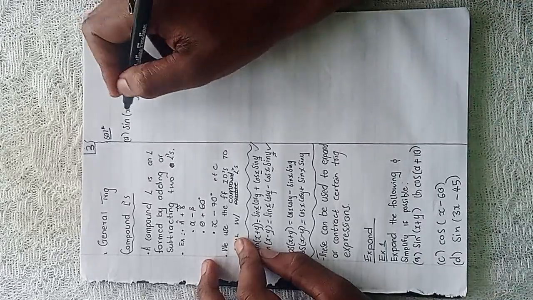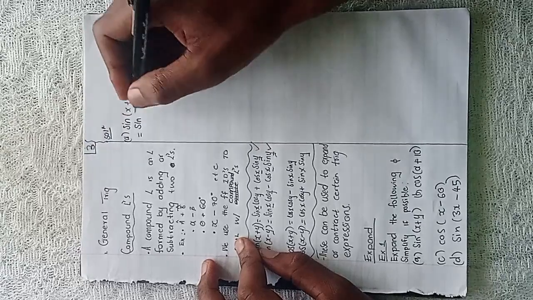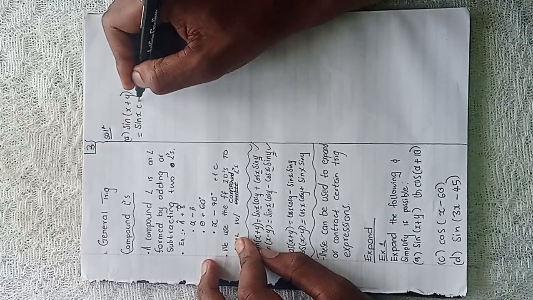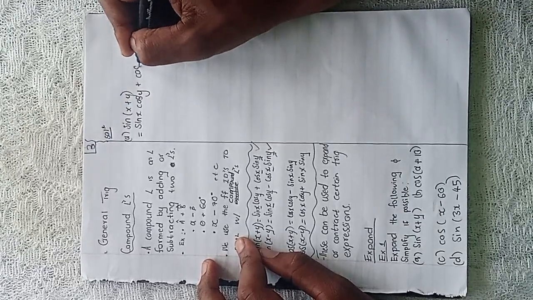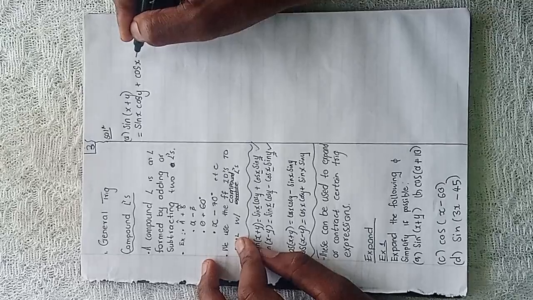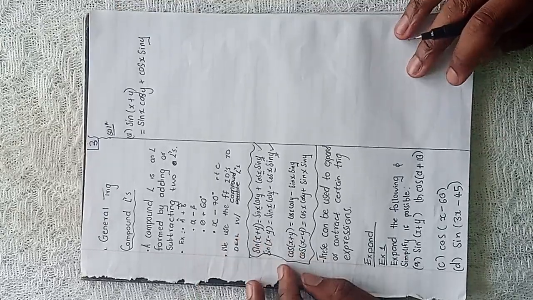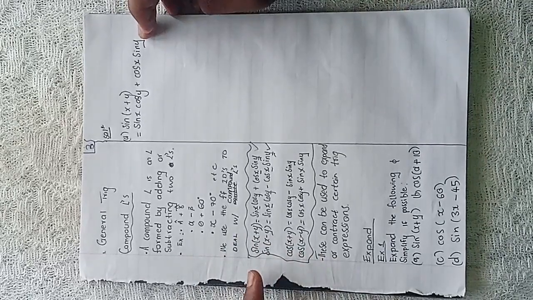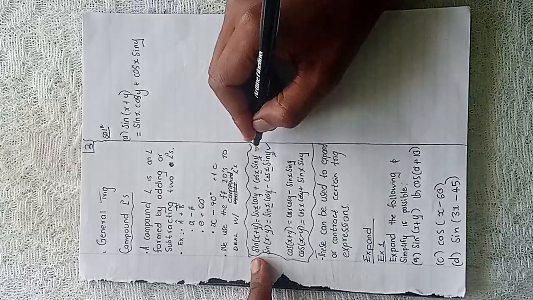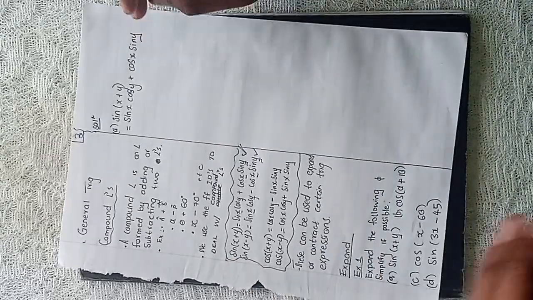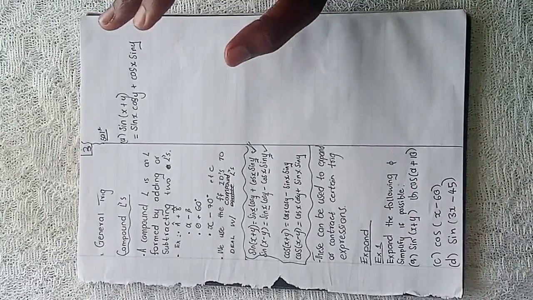Since it's plus here, I will say it's sine x cos y plus cos x sine y. I used the first one. That's how I expand. I can't simplify this any further. This is where I stop.